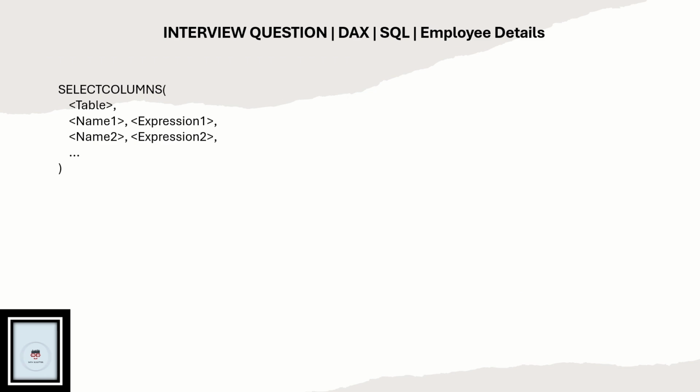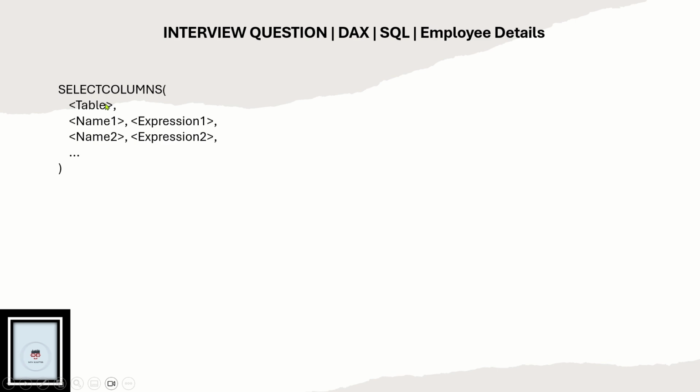So the first one is SELECTCOLUMNS. SELECTCOLUMNS has these arguments: first is the table. So you should either provide a physical table which is already present, or a function which returns a table, or an expression. Based on that table data, you can provide an alias. Name one can be any alias.